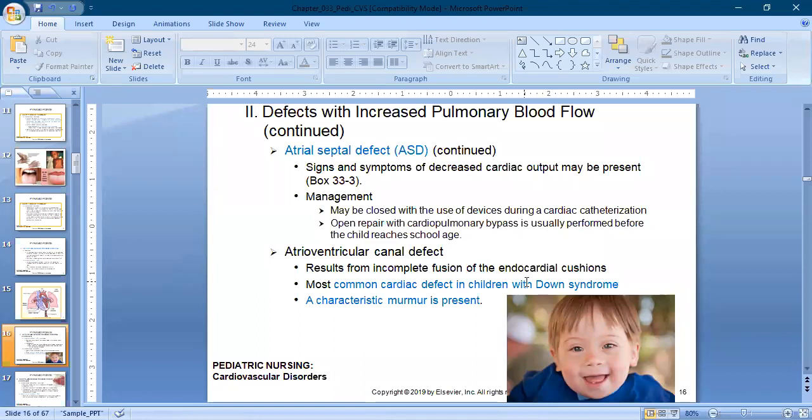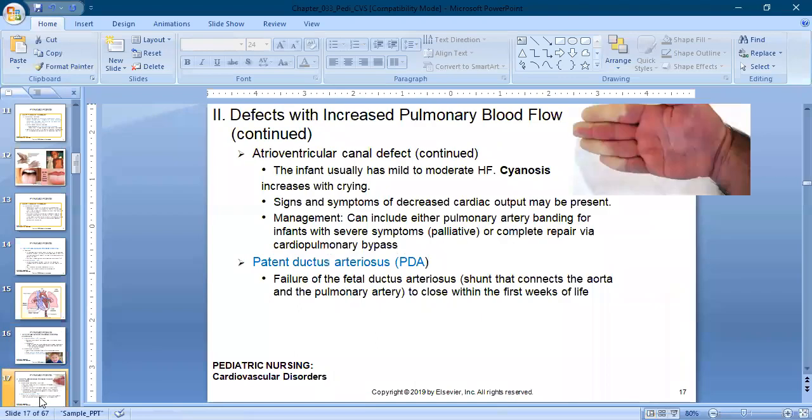If the baby has an atrioventricular canal defect, we can get the characteristic murmur, right? The murmur is present. Other signs and symptoms here: we can get cyanosis, right?